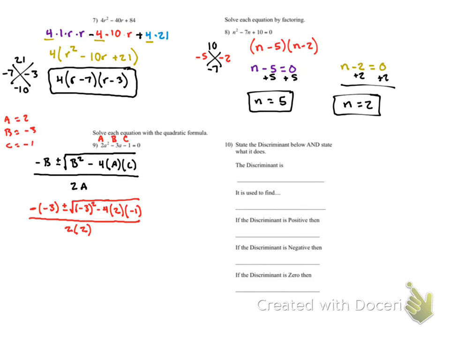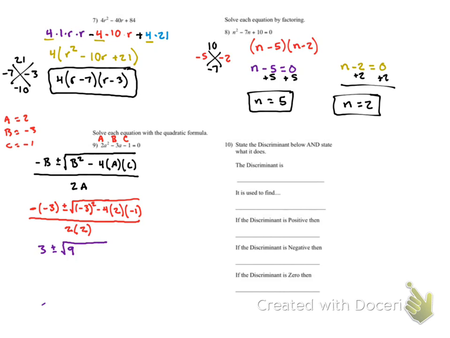Okay, so then we're going to do a lot of simplifying here. Let's just start from the beginning. Negative times negative 3 gives us a positive 3. So 3 plus or minus the square root. Negative 3 squared gives us a positive 9.